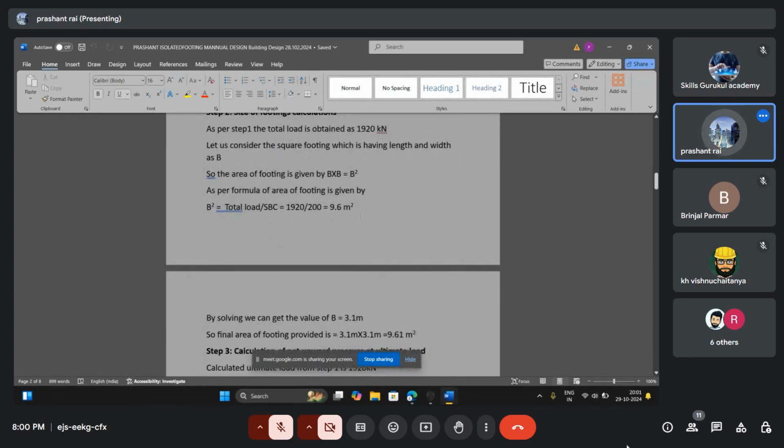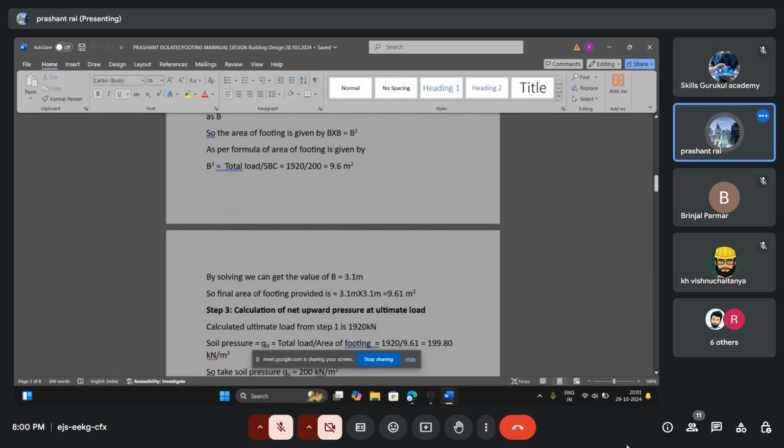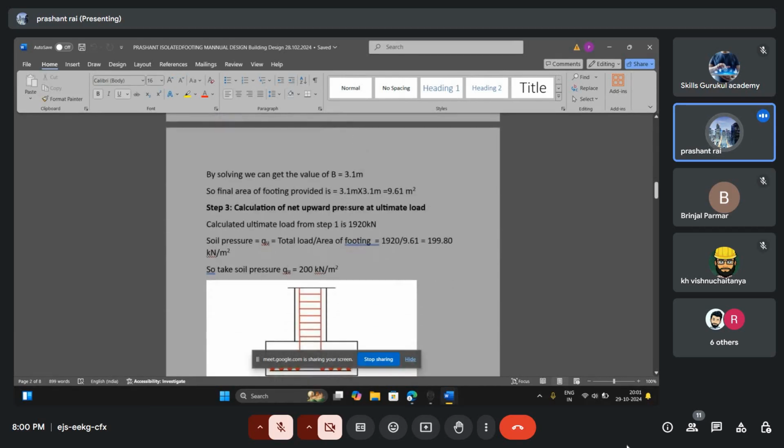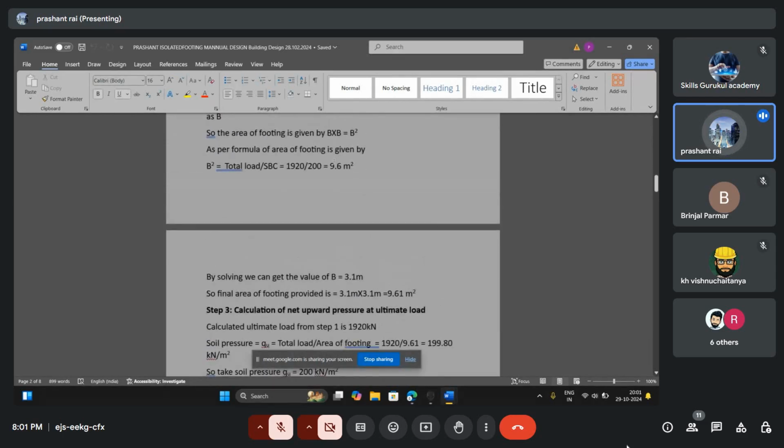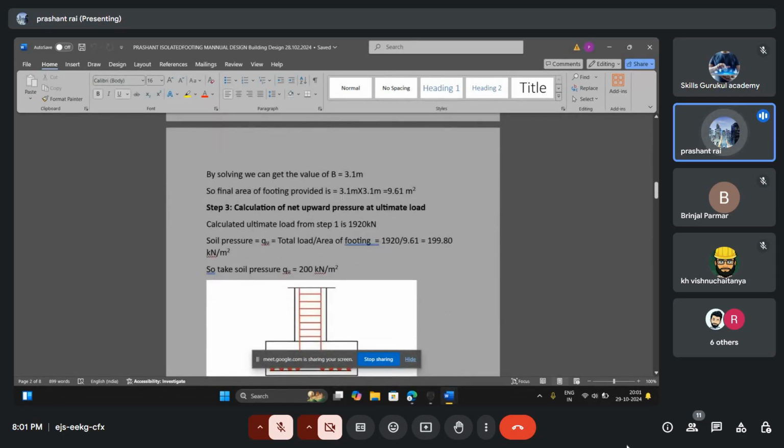After dividing, we got 9.6 meter square. After taking the root of 9.6 meter square, we got the value of 3.1. This is B square, B into B, so we got 3.1 meter length and once again 3.1 as the width of the footing.